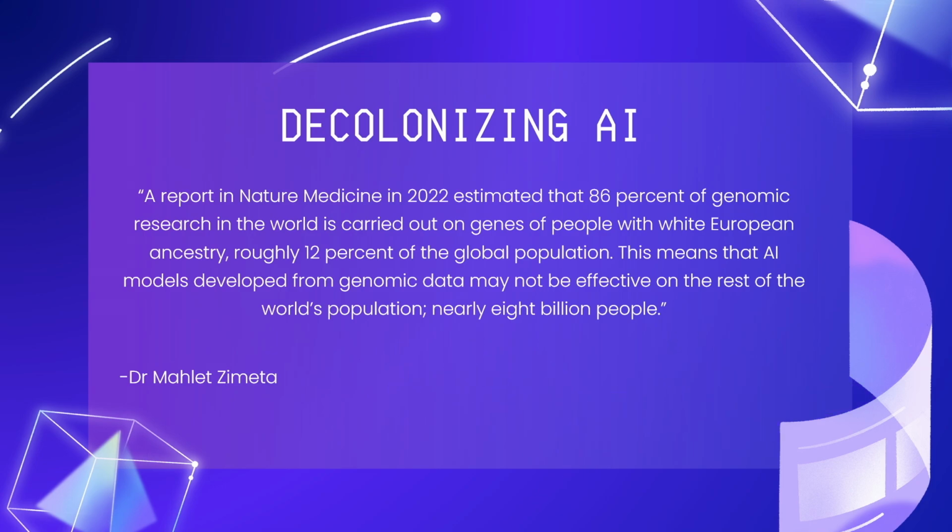A non-art example, the bias is starkly evident in healthcare, where AI is used to enhance precision and innovation. An example is genomic research, which can be used to understand genes that cause or prevent disease. 86% of studies focus on genes from white European ancestry, even though this group represents only 12% of the global population.